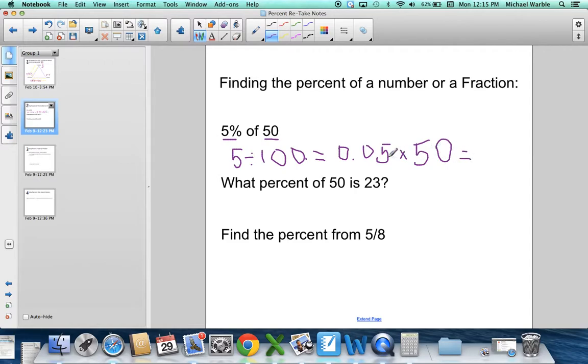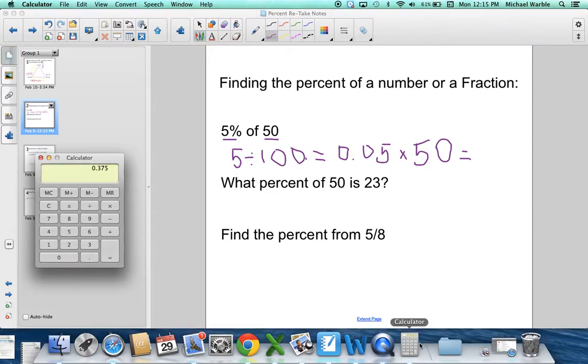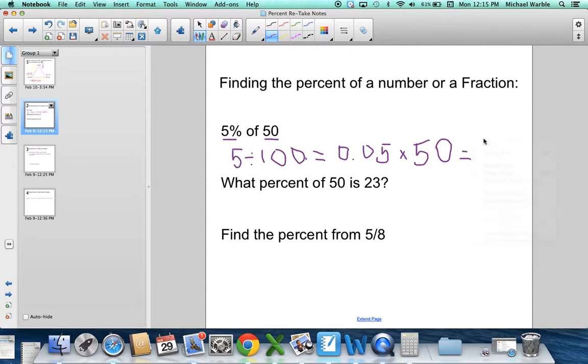So 0.05 times 50 is going to be, and we'll pull out our handy dandy calculator here, times 50, and you're going to get an answer of 2.5. Okay?